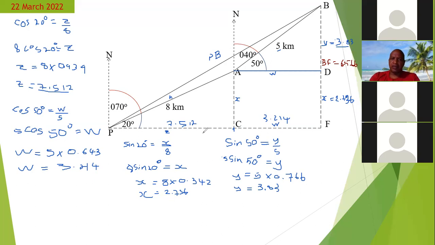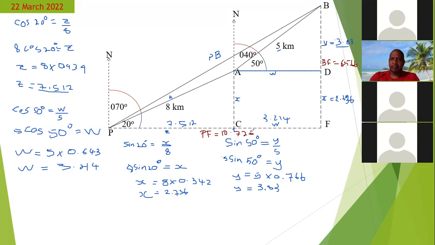So the length of the base would be from P to F. So you'd add the 7.512 and the 3.214. So that's 10.726. You got that, Mr. Lamar?